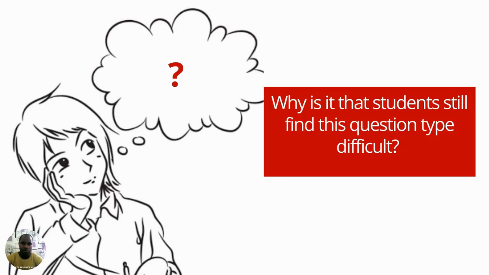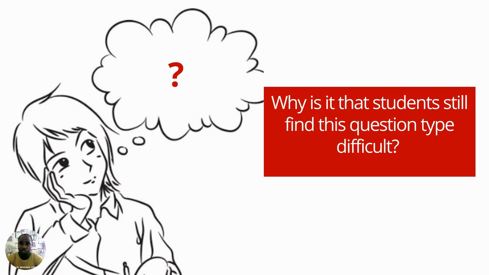But one thing we need to ask ourselves is why students still find this kind of question difficult. Most of them have gone through several lessons and they have also gone through self-reading as well. Yet they still find this kind of question more challenging. Students often find the IELTS reading true, false, not given question difficult because it requires a high level of reading comprehension and critical thinking.